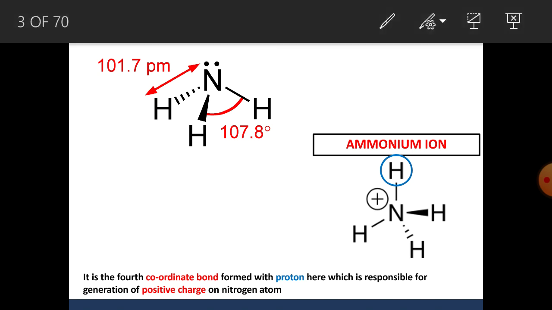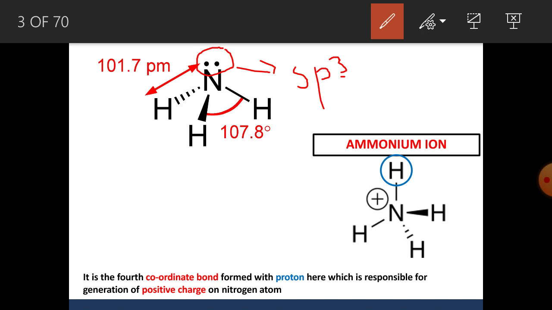Now when we take the example of ammonia, ammonia has this lone pair of electrons and is in the sp3 hybridization state. In one of the sp3 hybridized orbitals, this lone pair is present, and due to the lone pair, the bond angle deviates from the normal tetrahedral geometry, to 107.8 degrees.